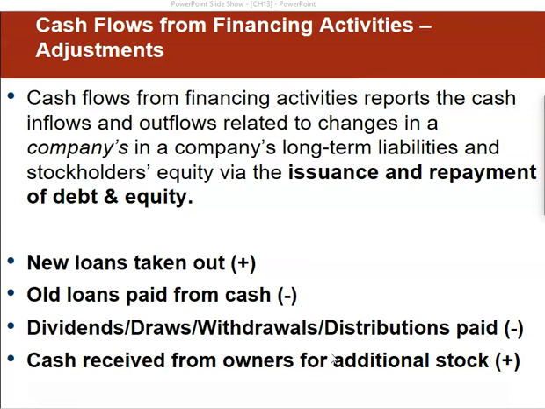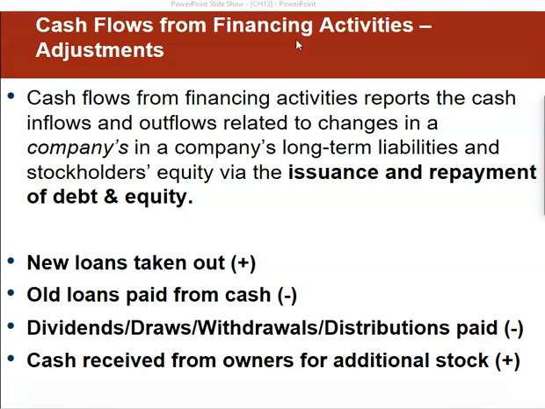Investing is going to be really, really small, a minute percentage of transactions. And then financing is going to be the rest. So financing is a distant number two, a very distant number two to operating activities in terms of where cash flows come from and where they go to.